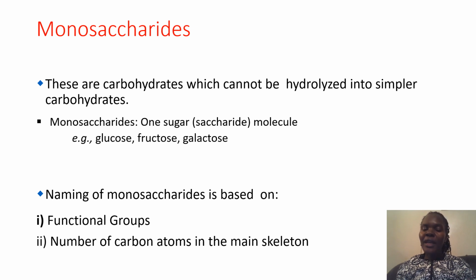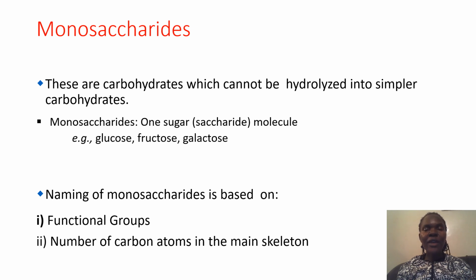For the monosaccharides that we are going to start off with, we define them as simple sugars. It means you can't hydrolyze them further. They're already simple, so you can't break them down further. The best examples are glucose, fructose, and galactose. We talk about one sugar or a simple sugar. They are monosaccharides.